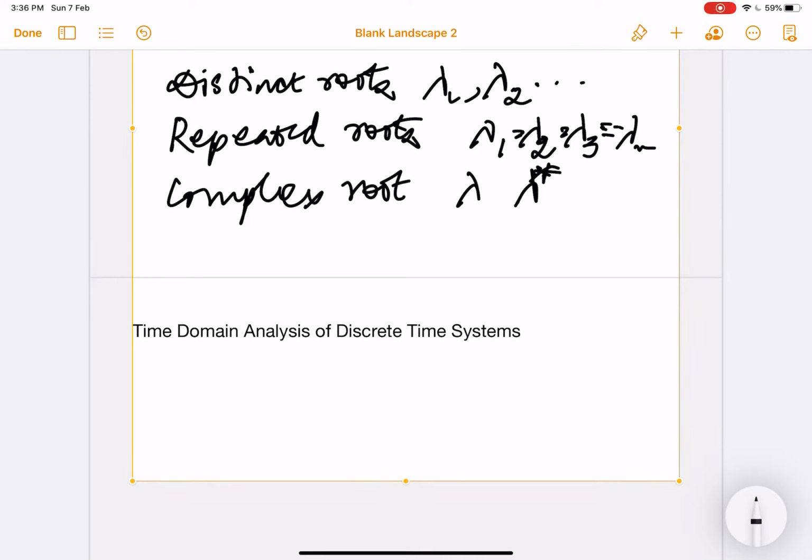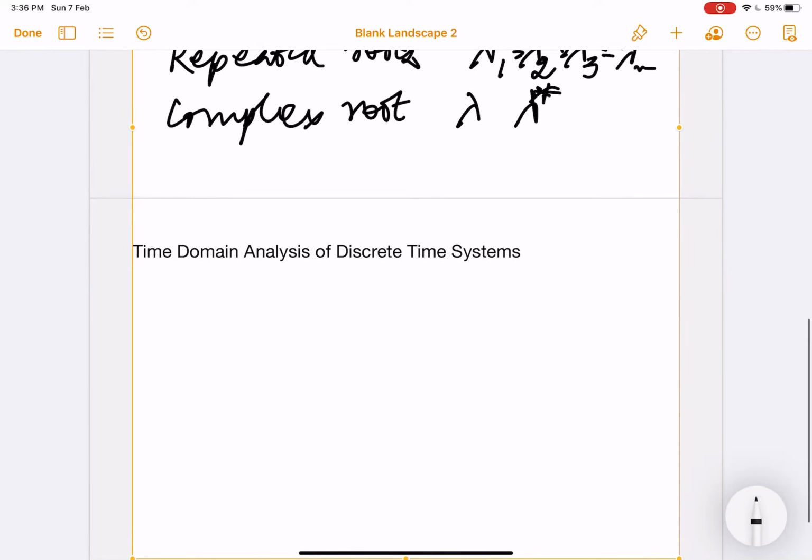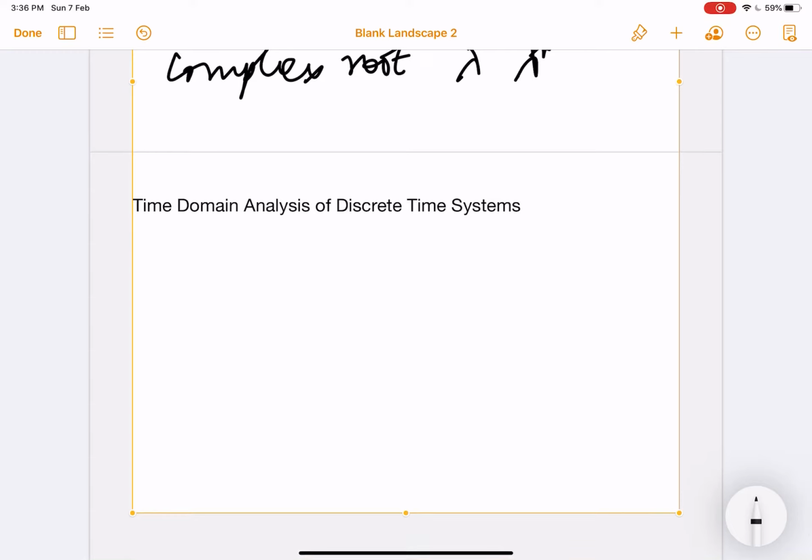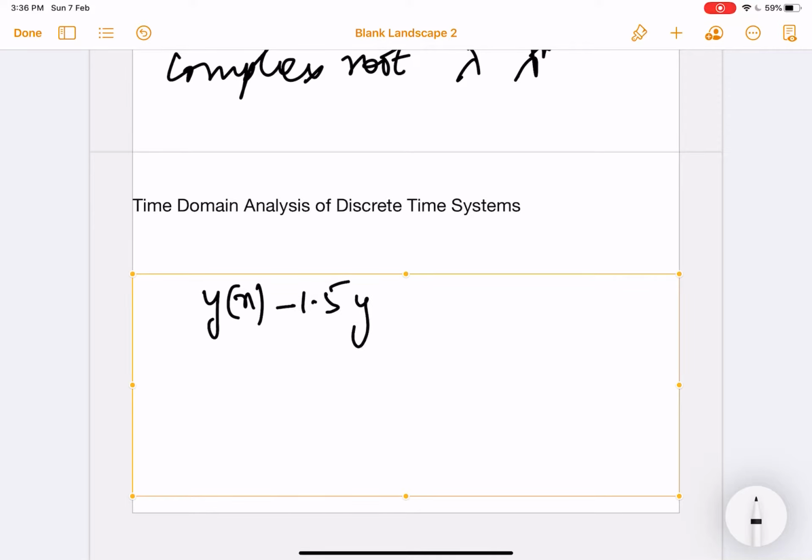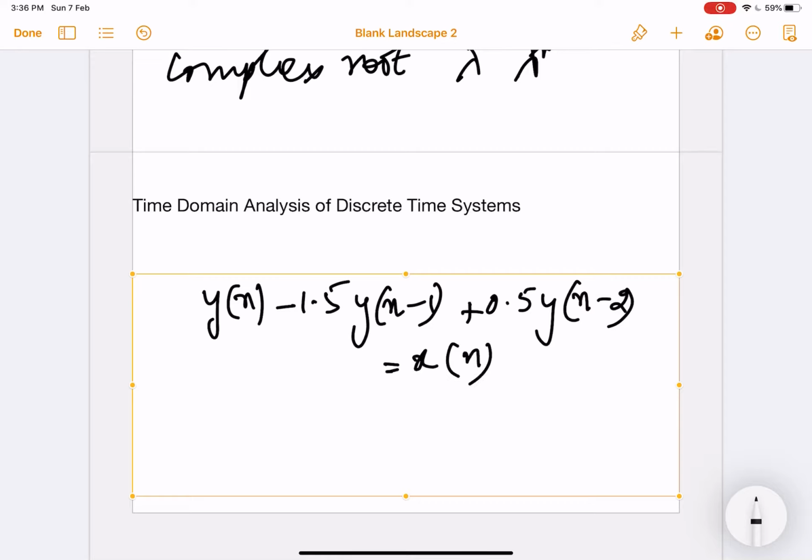Going further, let's discuss a problem now, straight to the problem so that we understand the concept clearly right away. So this is our problem: y[n] minus 1.5 y[n-1] plus 0.5 y[n-2] is equal to x[n], where y[-1] is equal to 1 and y[-2] is equal to 0.